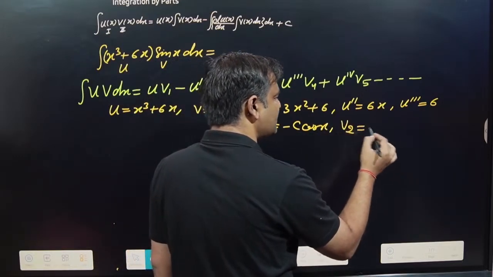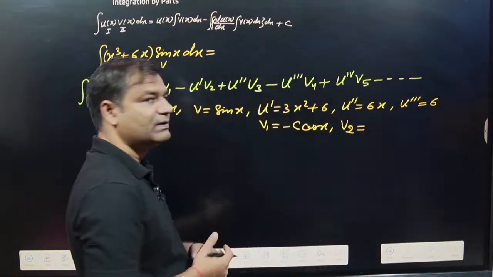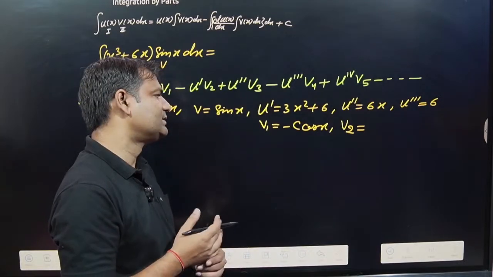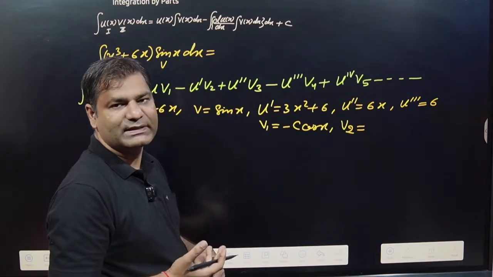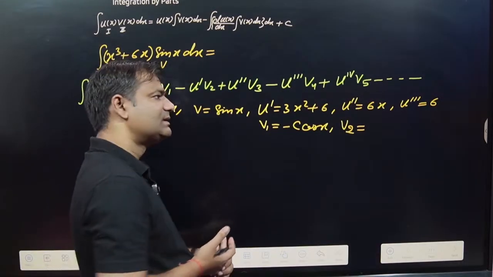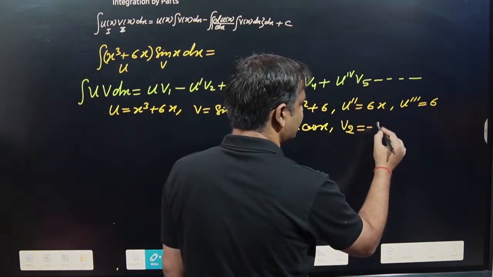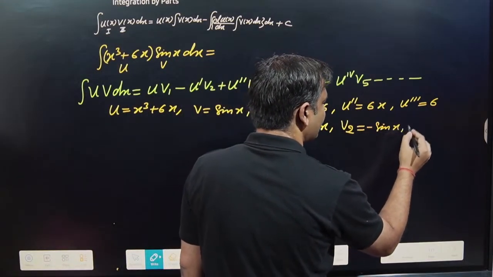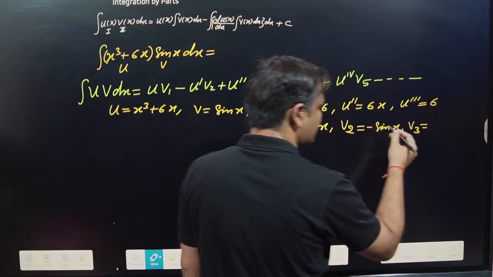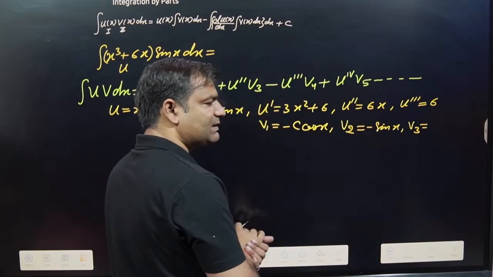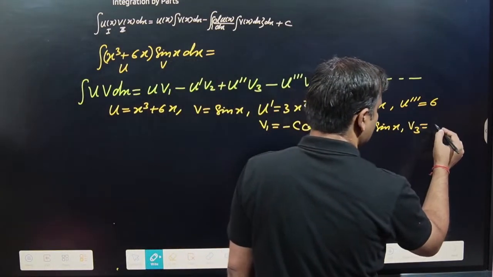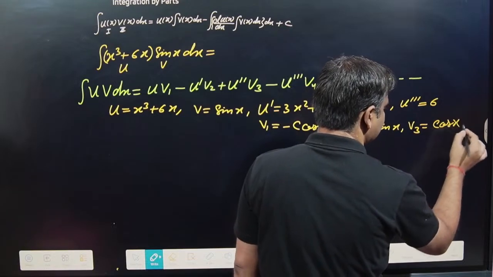v2 means integration of v1. Integration of minus cos x is simply minus sin x. After that, v3, integration of minus sin x is minus minus plus cos x.